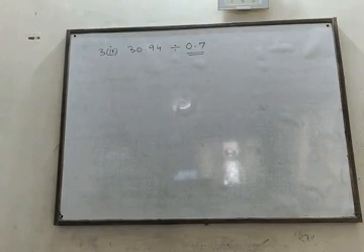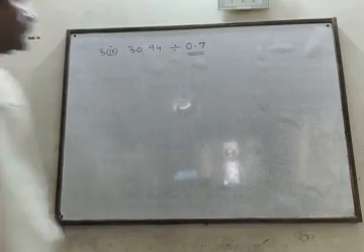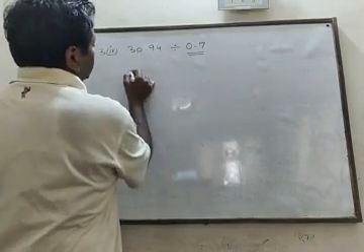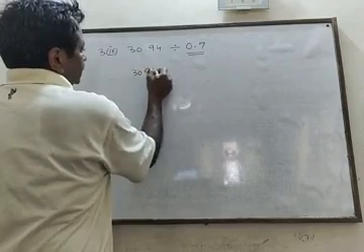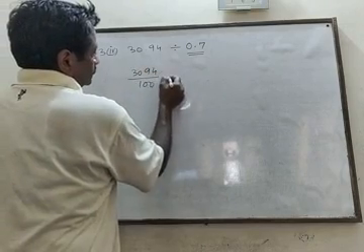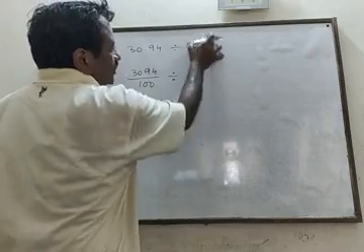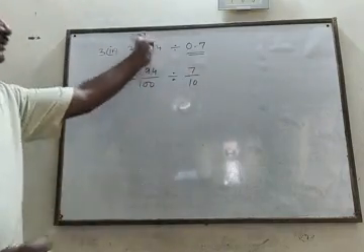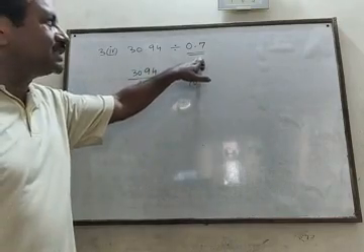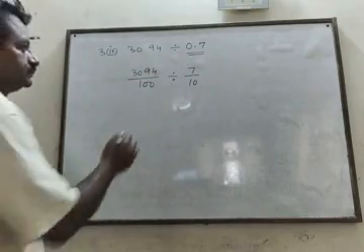We will focus only on divisor. If divisor contain decimal, then we will convert in fraction. We will focus on this divisor, not on this part. If it contains decimal, we will convert into fraction.